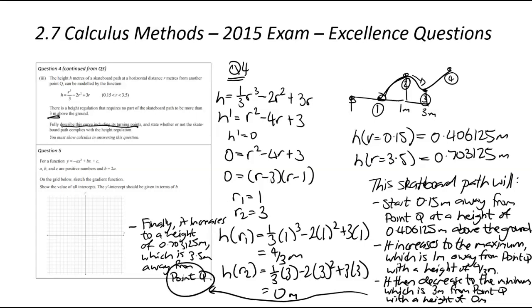So each time we referenced the height and how far it is away from point Q, and I think that was a pretty comprehensive description. It would go well beyond what the answers are looking for. The answers, if you were curious, are just focusing on the minimums and the maximums.